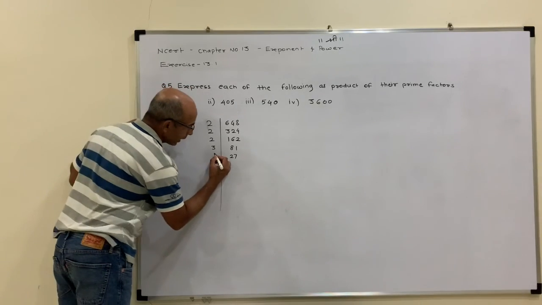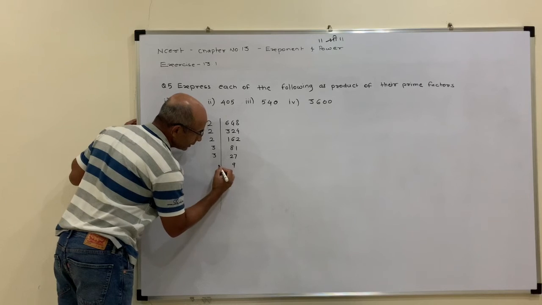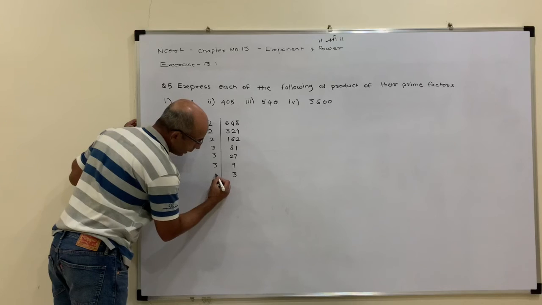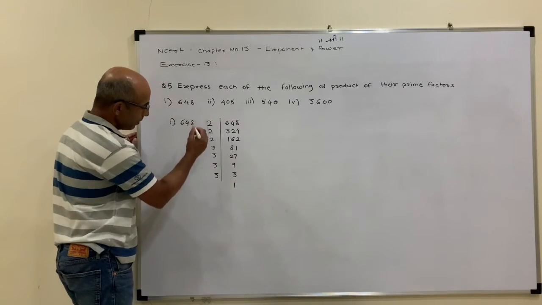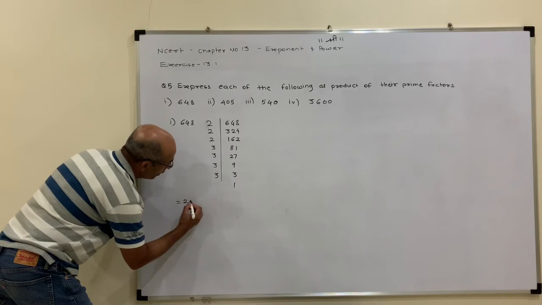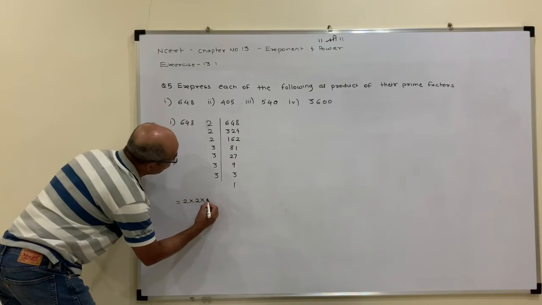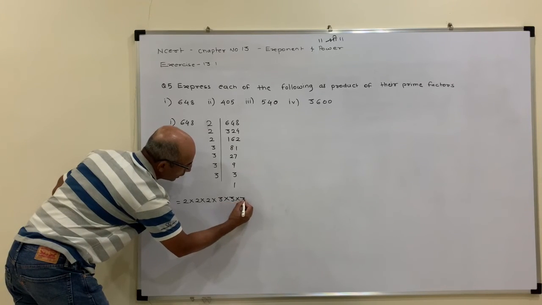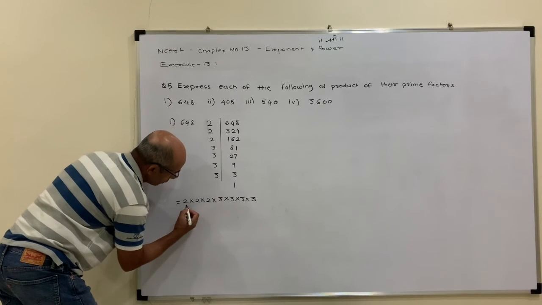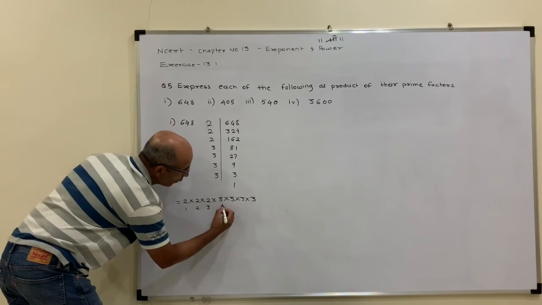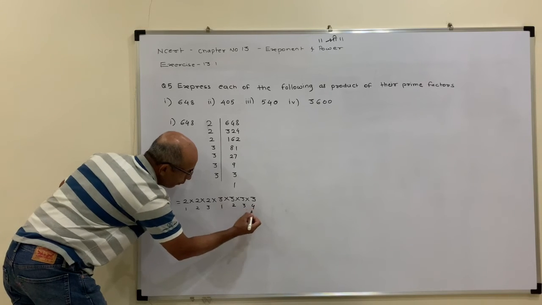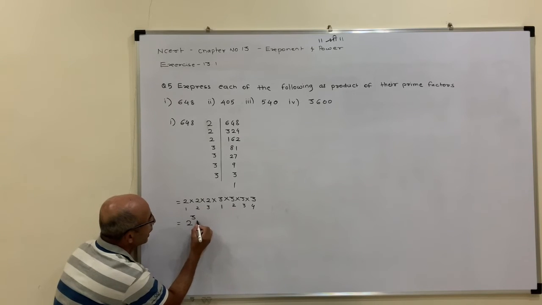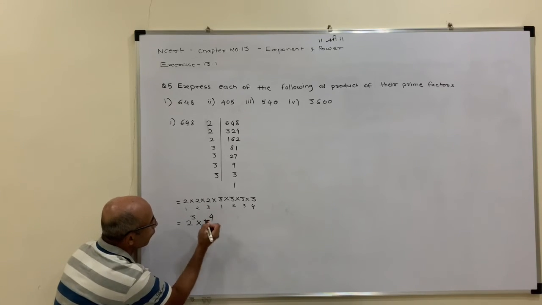So now again 3 9s are 27, 3 3s are 9 and again 3 1s are 3. So my prime factorization comes out to be 2 into 2 into 2 into 3 into 3 into 3 into 3. So now 1, 2, 3 and 1, 2, 3 and 4. So I'll be writing in exponential form: 2 raised to 3 into 3 raised to 4.